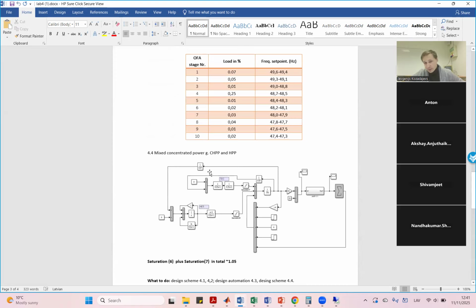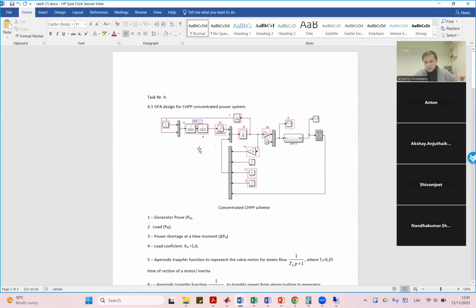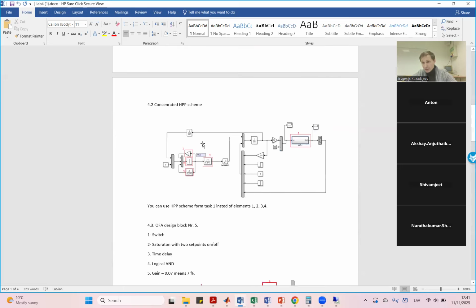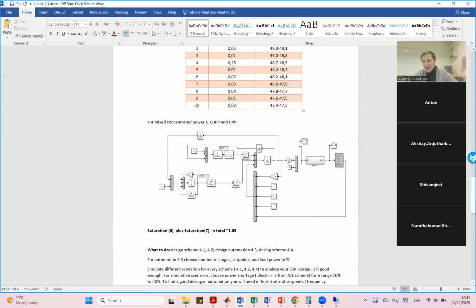Okay, here just for you, I separated all these steps to be clear and easier to complete this task, but physically we have first one with CHPP, the second one with hydro, and the last step is when we make a mix.